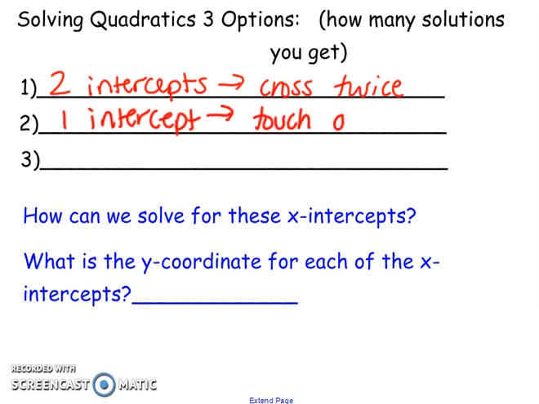I'm going to say touch instead of cross because it's not going through that point. It's getting to it and bouncing back. The third option is 0 intercepts, like that last example where it was free floating. That means it doesn't cross.